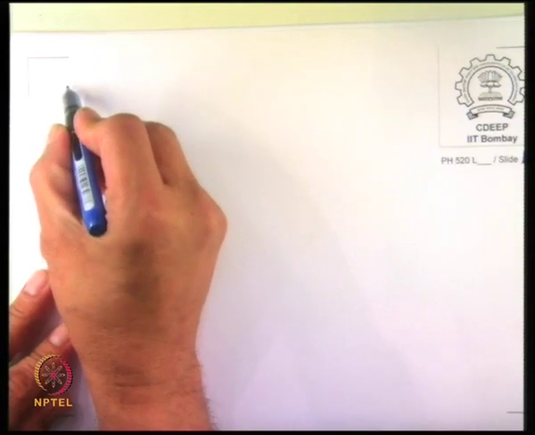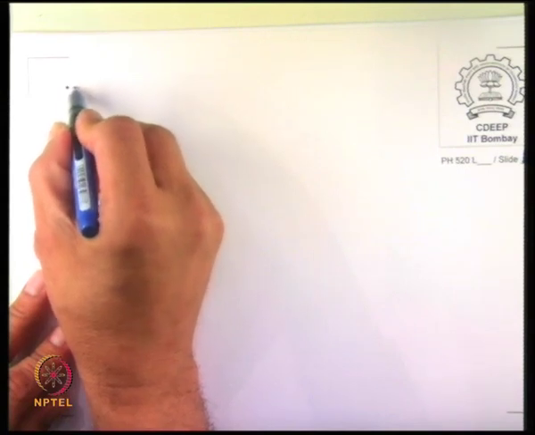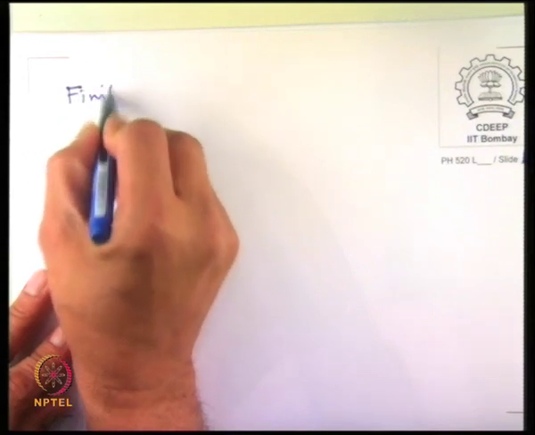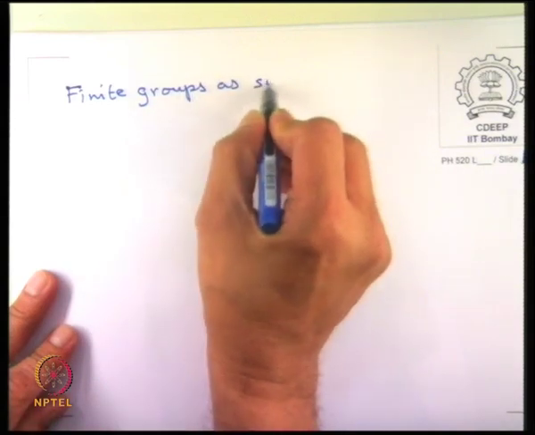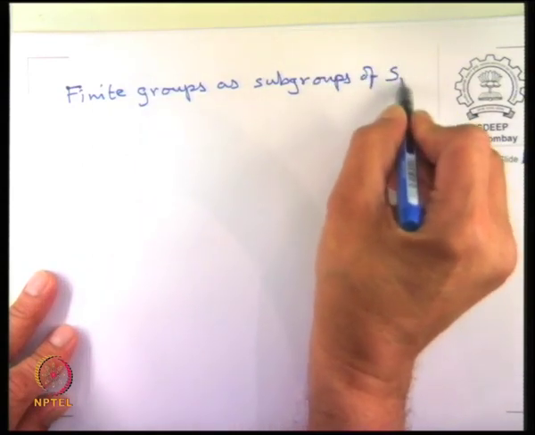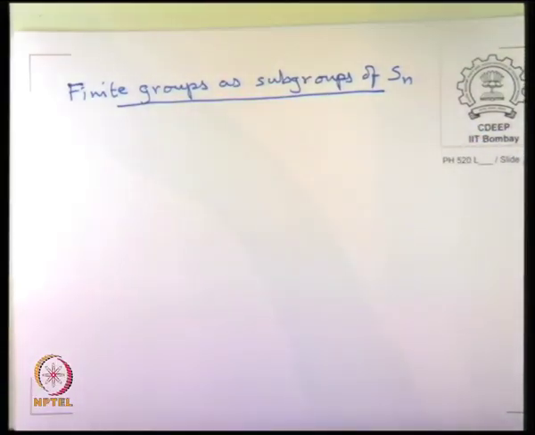So let us start by representing finite groups as subgroups of Sn for some n. Given any finite group, what we are now trying to show is that actually it is a subgroup of Sn. Okay.